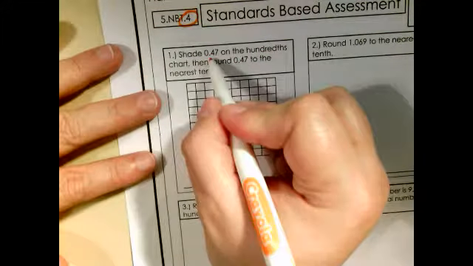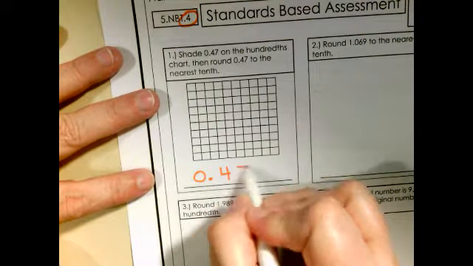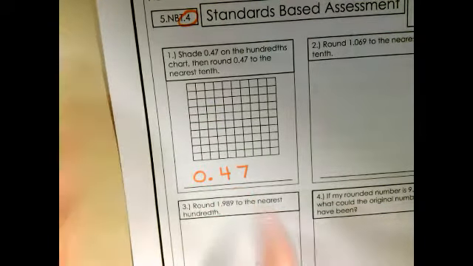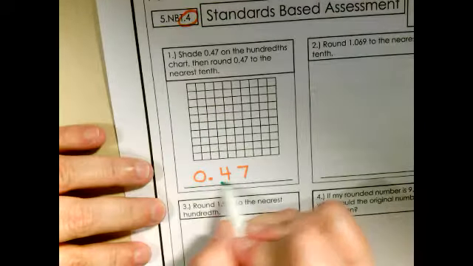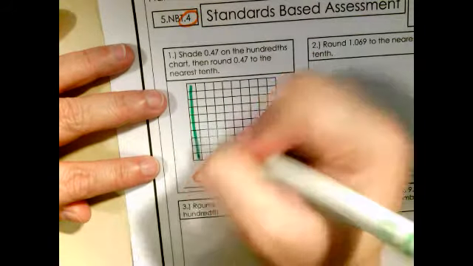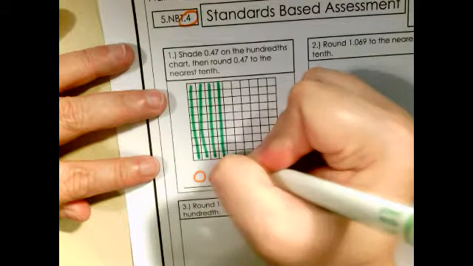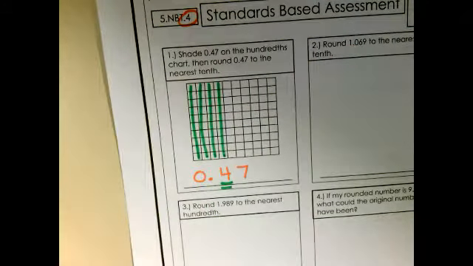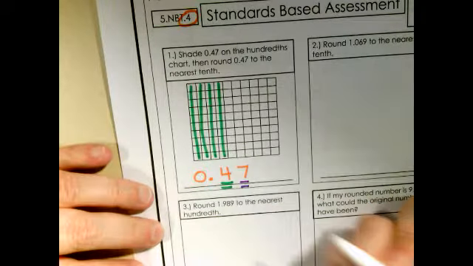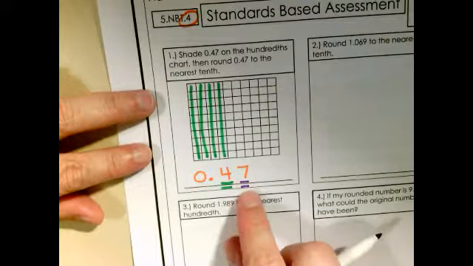Okay, well, let's look at this. So here's 47 hundredths right here. I can easily do this by saying there is a 4 in the tenths spot. That means that I'm going to have 1, 2, 3, 4 sticks of tenths, and then there's a 7 in the hundredths.